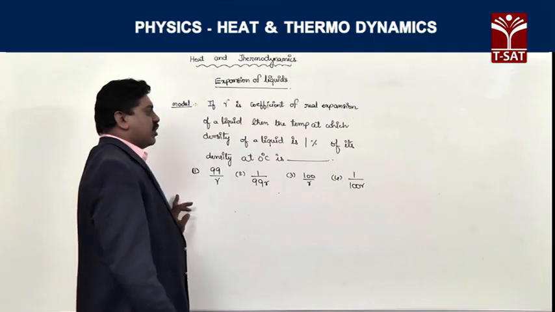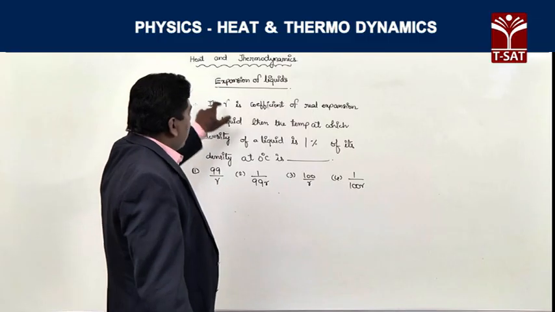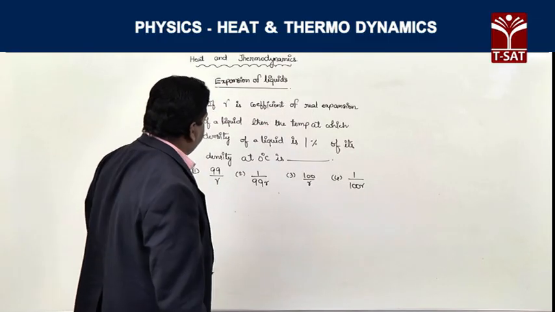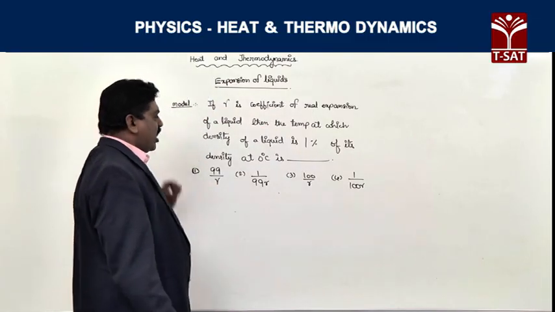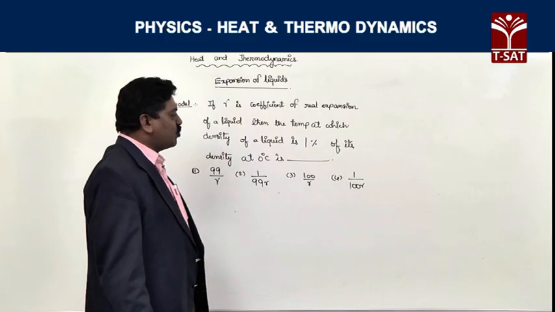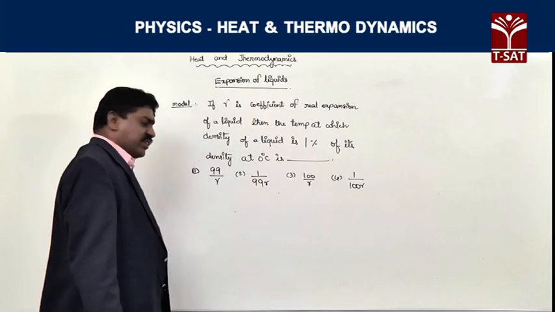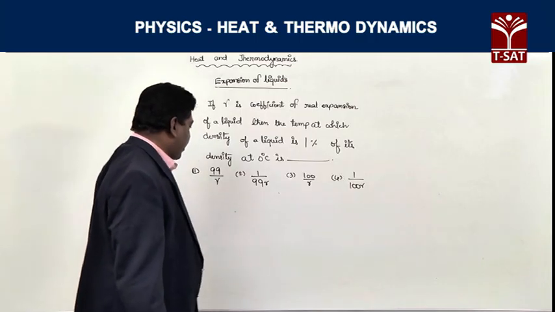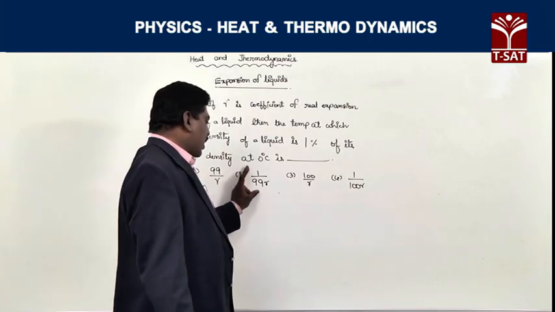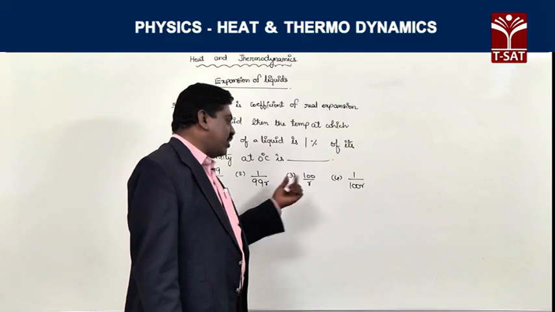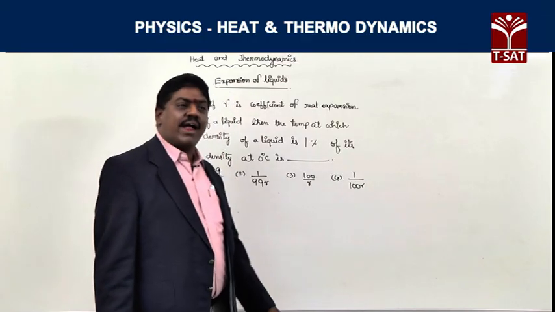Let us try another model. If gamma is the coefficient of real expansion of a liquid, then the temperature at which the density of the liquid is 1% of its density at 0 degrees Celsius is? The options given are 99 by gamma, 1 by 99 gamma, 100 by gamma and 1 by 100 gamma.